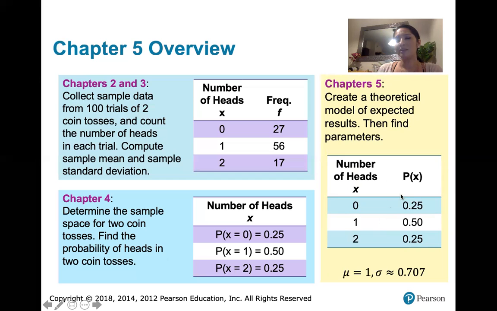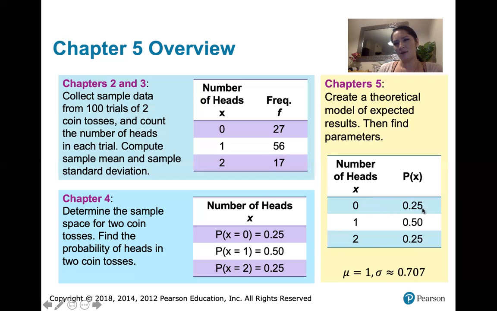So these are the probabilities, those classical probabilities calculated using that classical approach to probability that we discussed in chapter 4. But now we're listing it in a table like this, which looks a lot like our frequency distribution. So it's a combination of what we did in chapters 2 and 3 and 4.